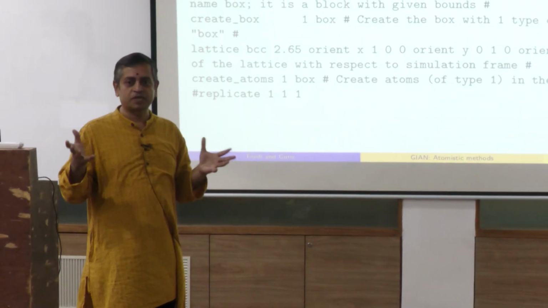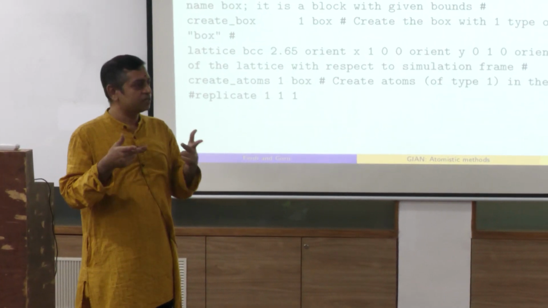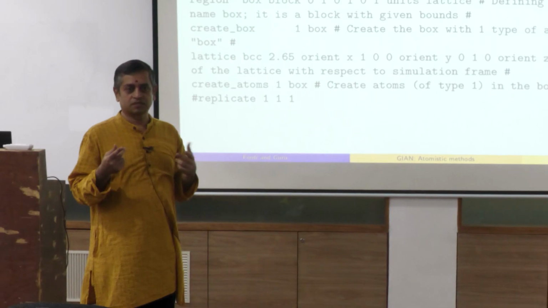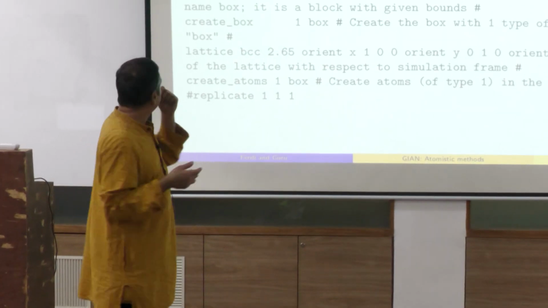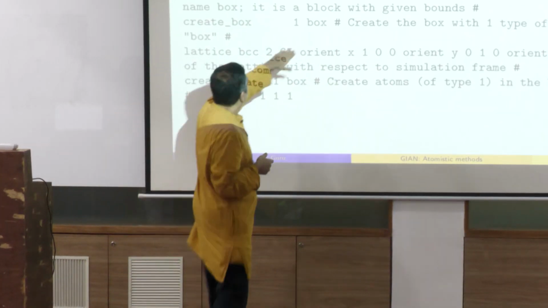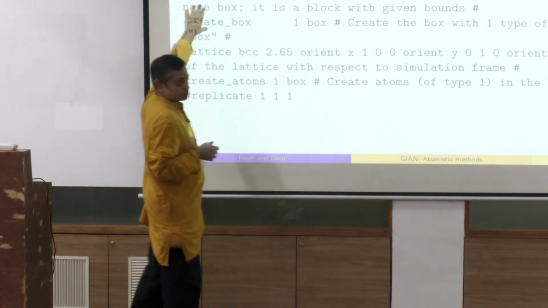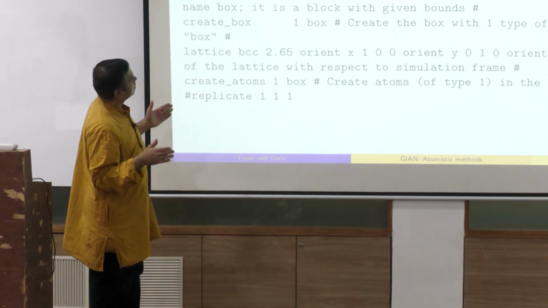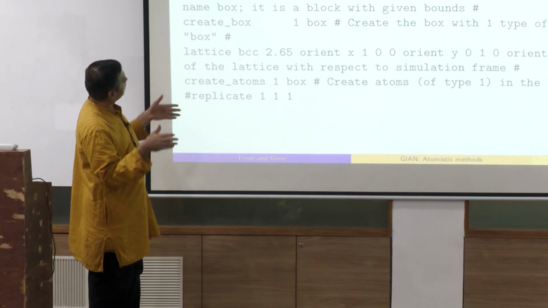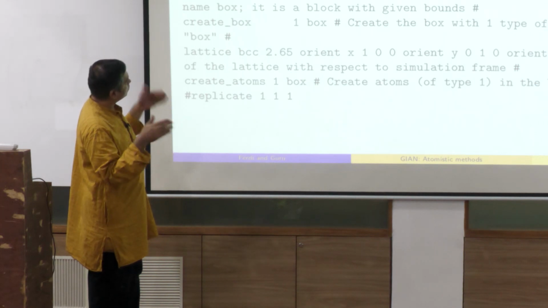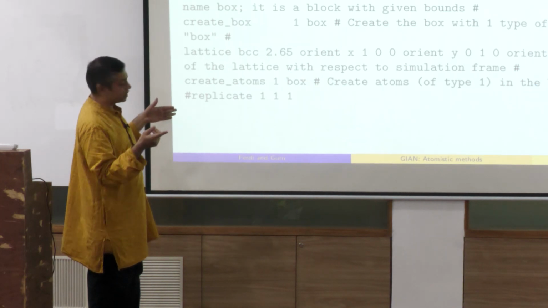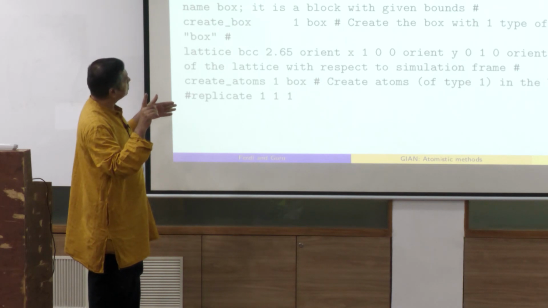You can, for example, make copper aluminum, then there will be 2 types of atoms, types 1 and 2. And that is what is going to populate this region you have defined, which you have named box, and you create that box by populating it with one type of atom.